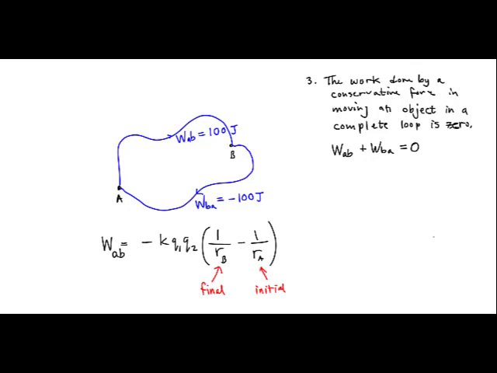Well, let's get an expression for the work done from B back to A. The work done from B back to A is still going to be minus K Q1 Q2. However, what's inside the parentheses swap. So our new final position is point A. Our new initial position is point B. Because for the second leg of this journey, we started at B and we ended right up back at A.